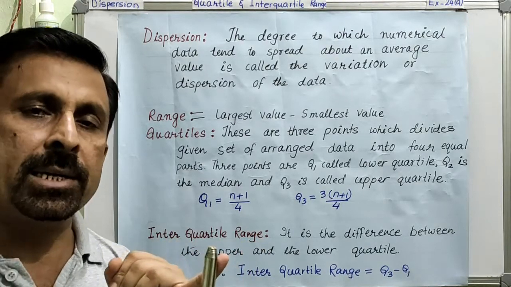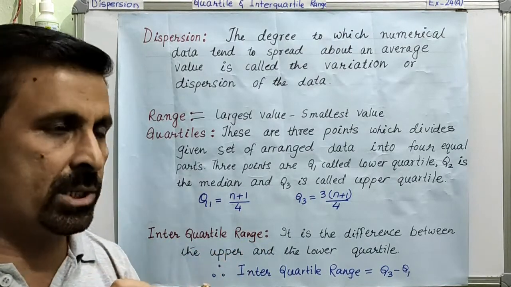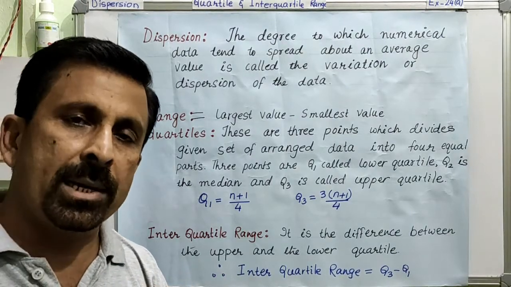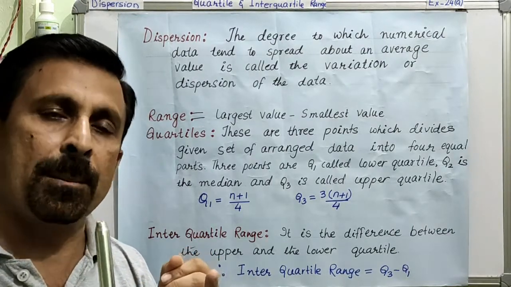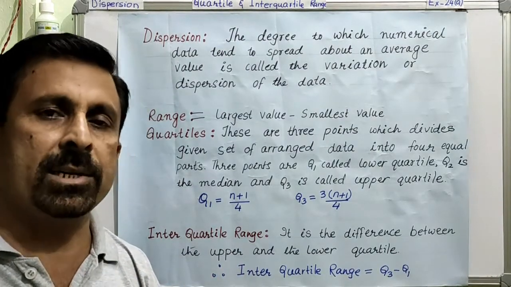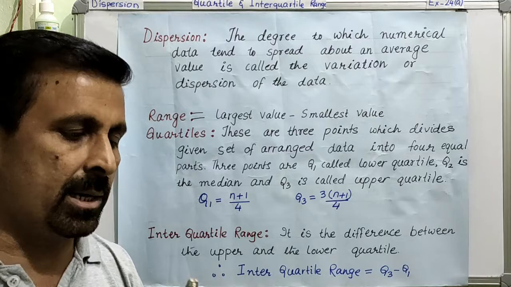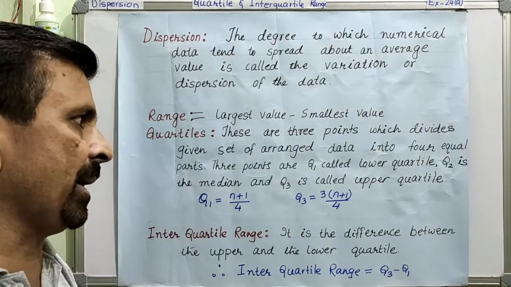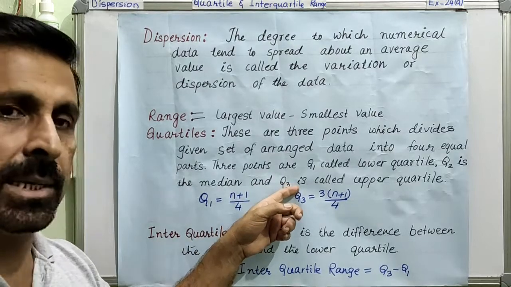The first point is called the lower quartile, denoted by Q1. The second point is called simply the quartile, or the median, and we denote it by Q2. The third one is the upper quartile, denoted by Q3. Is this very clear?